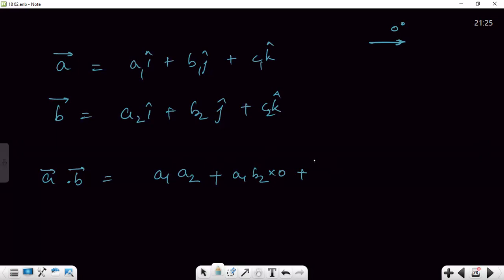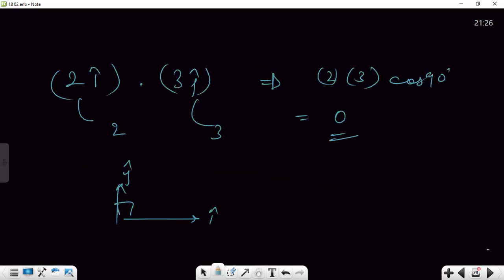So we only consider the product of i cap with i cap, j cap with j cap. The result comes out as a1 a2 plus b1 b2 plus c1 c2. There are no i, j or k caps left, only the scalar quantities.